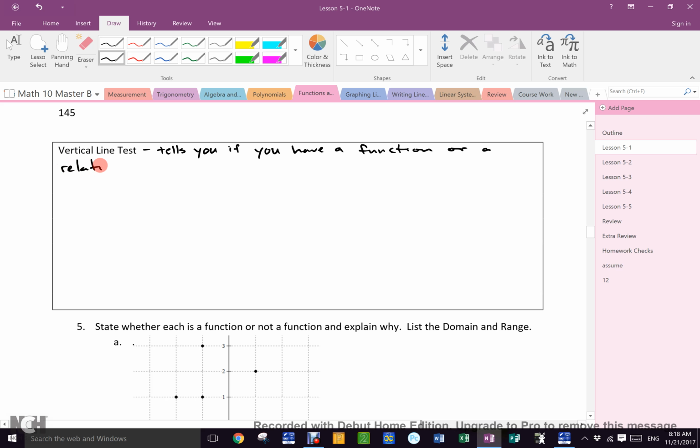What's the difference again? Anybody? No one? Yeah, a function, every element matches with one other unique element. In a relation, it's not necessarily true.